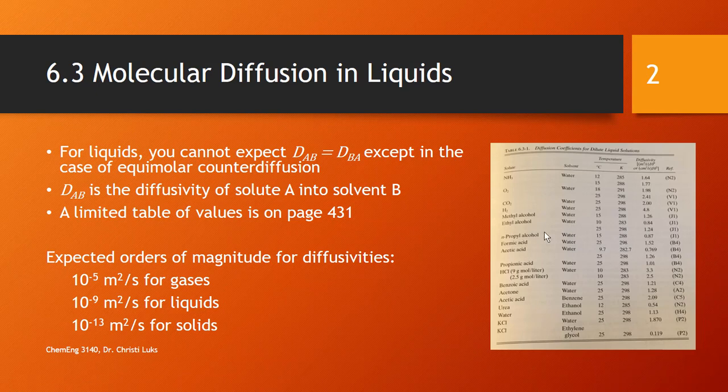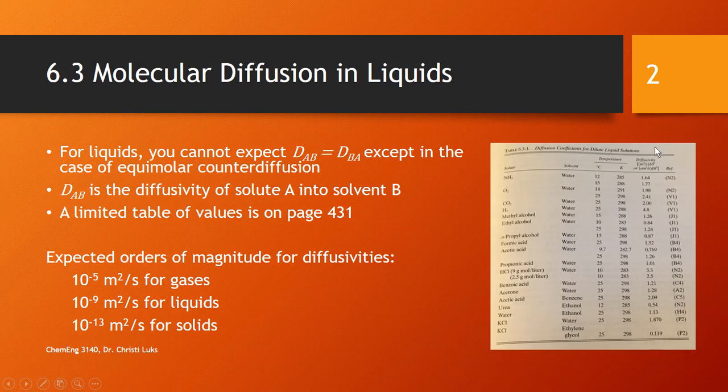In general, you can expect kind of an order of magnitude difference. So for gases, our answers were all on the order of 10 to the minus fifth meters squared per second. For liquids, these are going to be on the order of 10 to the minus ninth meters squared per second.